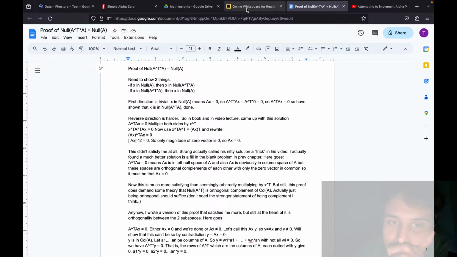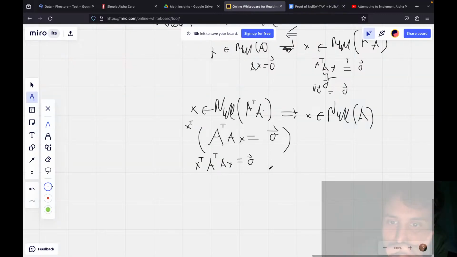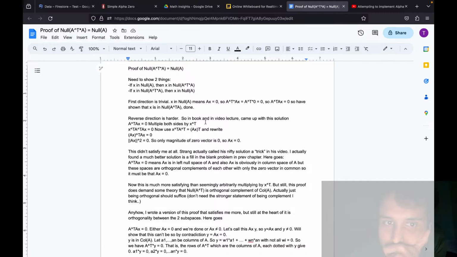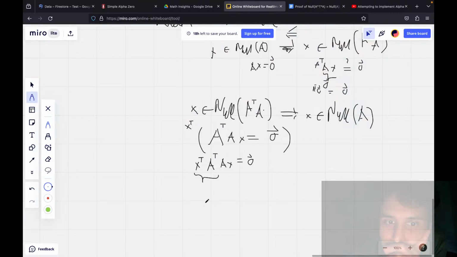So this thing right here ends up working out to be (Ax)^T (Ax). This is some specialized linear algebra knowledge that I don't have, or maybe I can derive this clearly.